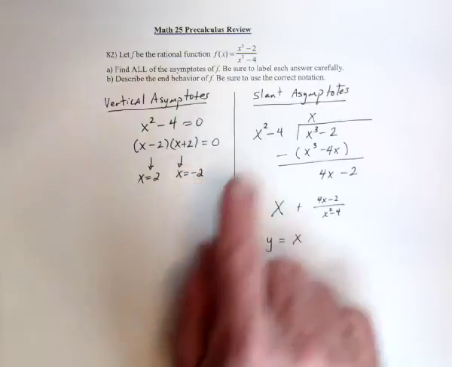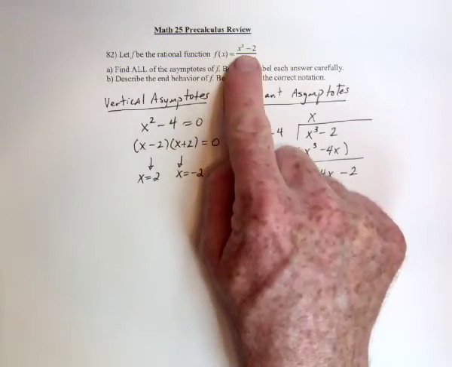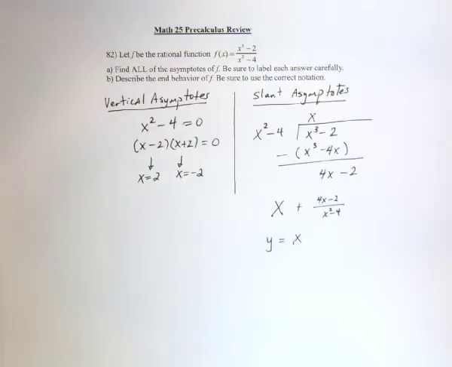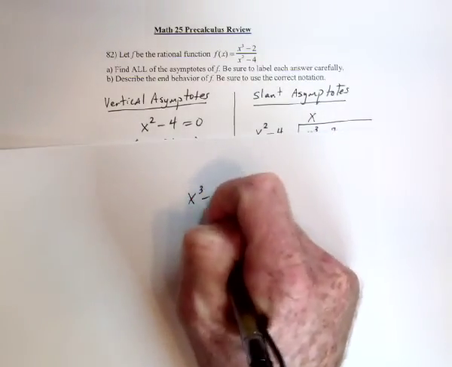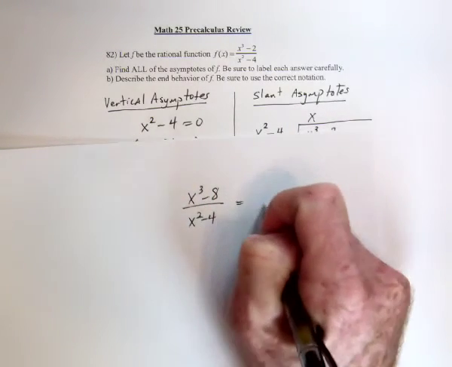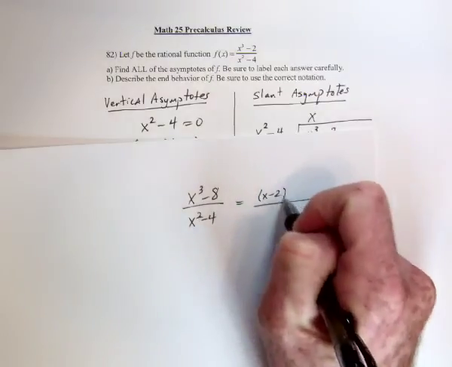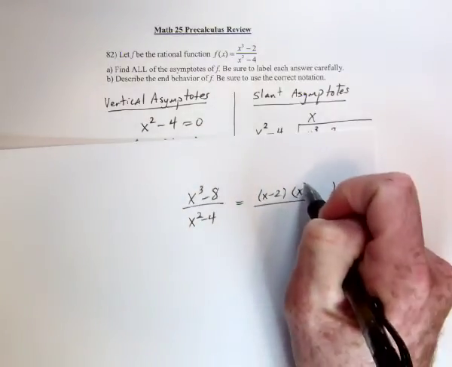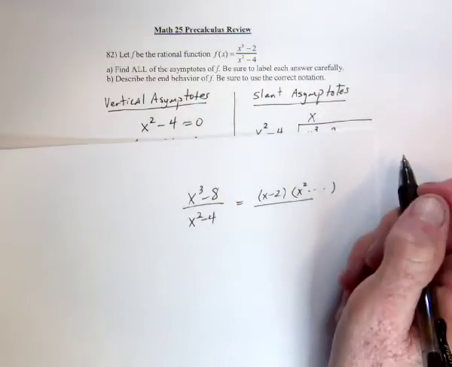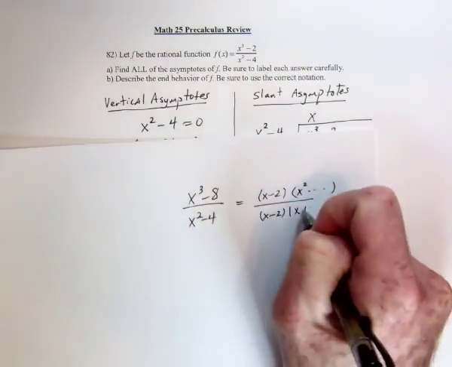Well, that would happen if, for example, this top part said x cubed minus 8, because if it said x cubed minus 8 on the top, then we would have been able to factor this as x minus 2 times an x squared, etc., etc. And then this one could be factored as x minus 2 times x plus 2.